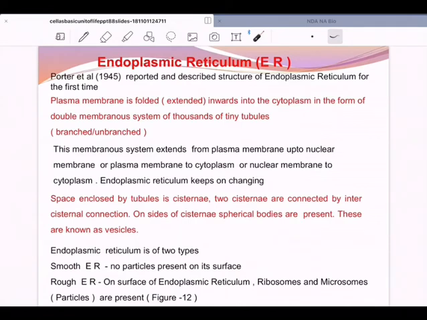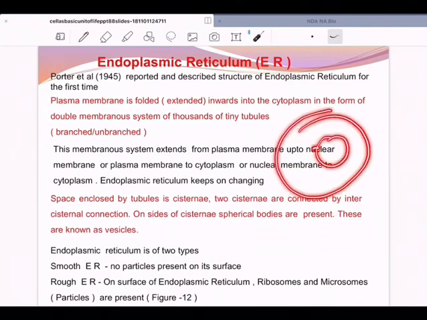That means we can say endoplasmic reticulum is a bridge, just like a railway bridge, connecting the plasma membrane with the nuclear membrane. That's why endoplasmic reticulum is this. And it is of two types: smooth endoplasmic reticulum and rough endoplasmic reticulum.